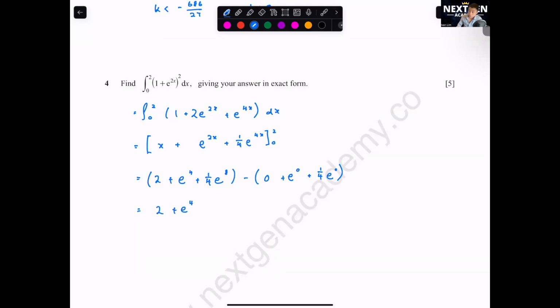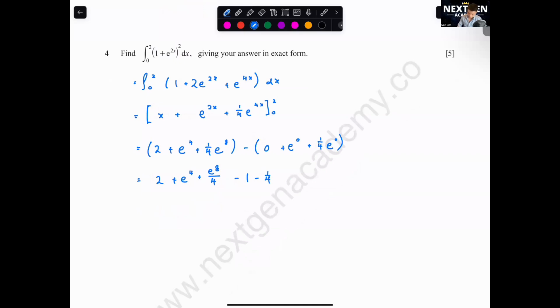So 2 plus e to the power of 4 plus e to the power of 8 over 4 minus 1 minus 1 over 4. Simplify this, you get 3 over 4 plus e to the power of 4 plus e to the power of 8 over 4. Or you want to write 1 over 4 e to the power of 8, also is fine. Okay, 5-mark question. Okay, please type 4 if this is okay.